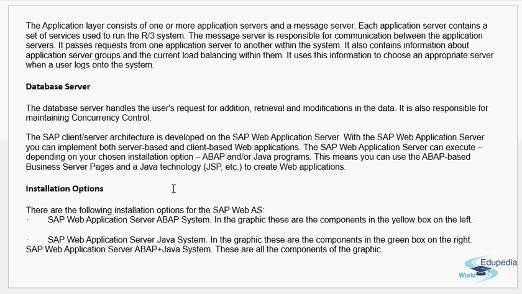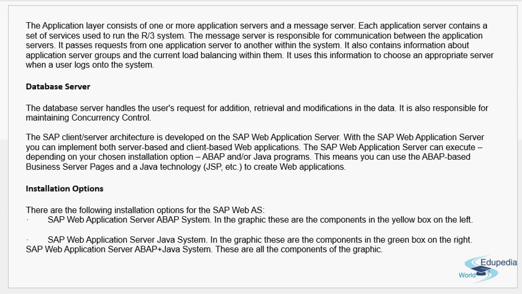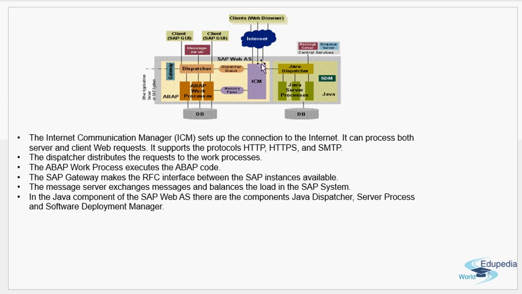This means you can use ABAP-based Business Server Pages and the Java technology JSP to create web applications. This is the actual database server, where the data is stored. Here all the manipulations of data are made.